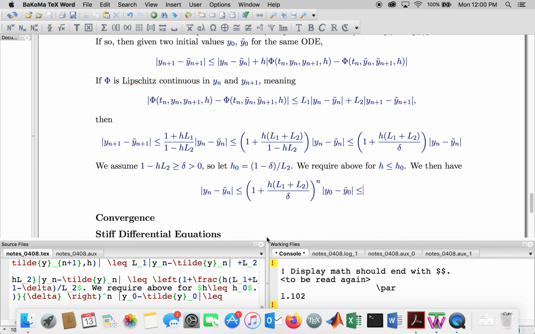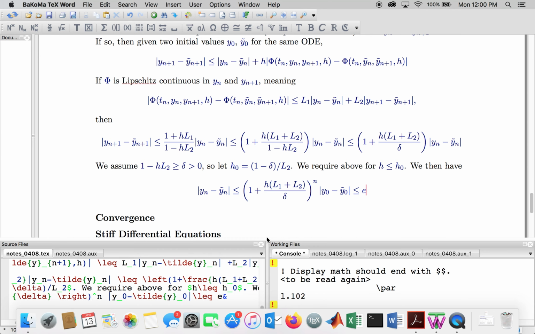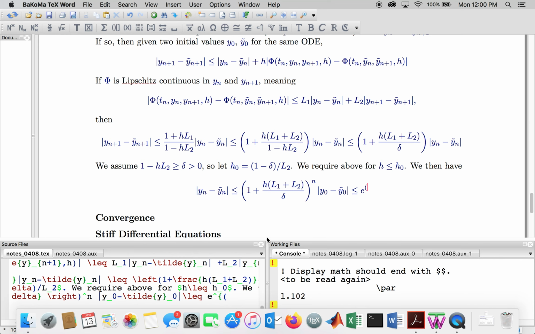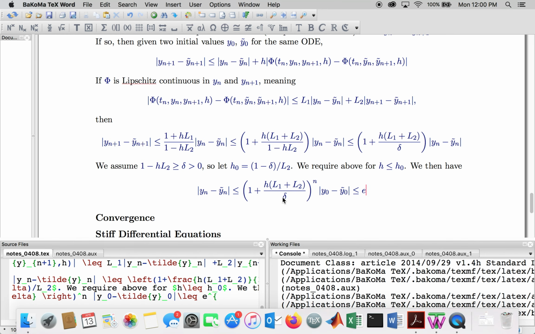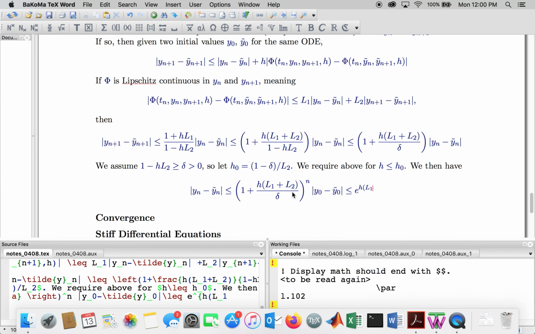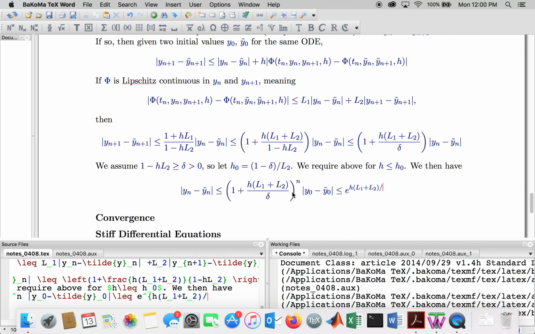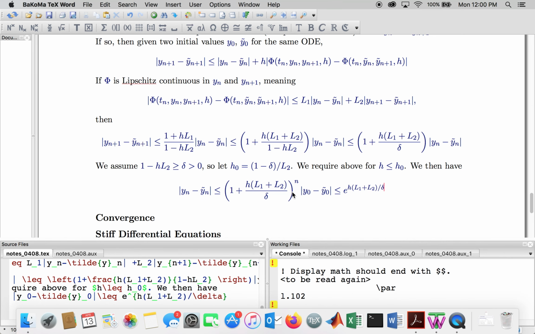So I can say e to the, so this is the exponent here, h(L1 plus L2) over delta. And all of this is raised to the n power, so n gets folded into the exponent.